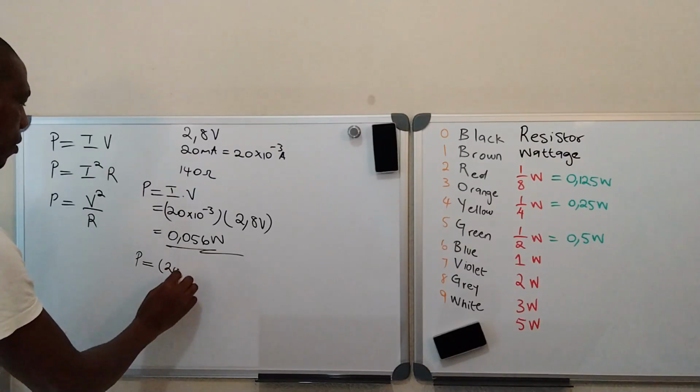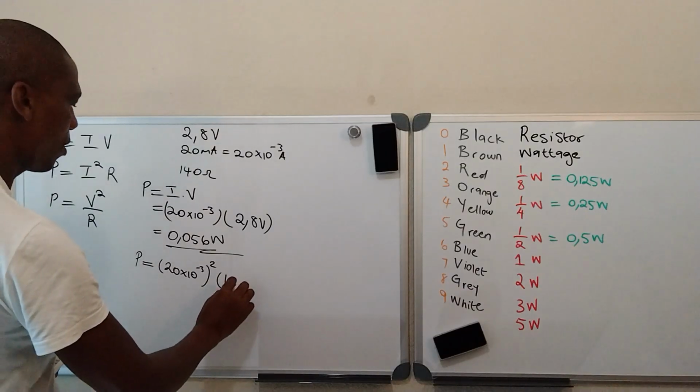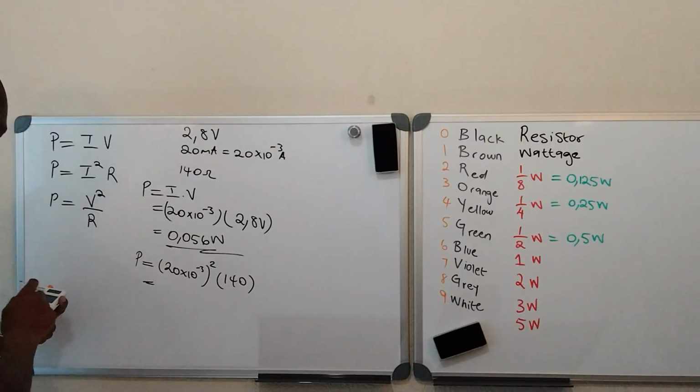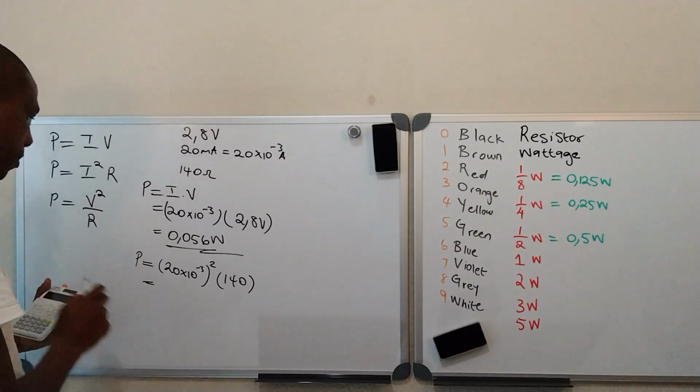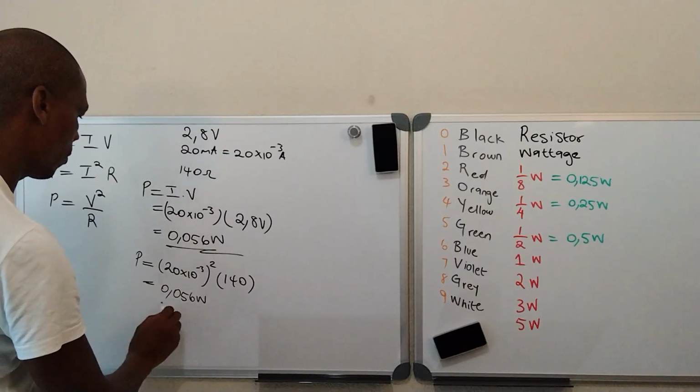Let's try another one. We just put the current squared. We square the current, multiply by 140 ohms. And the value is the same, 0.056 watt.